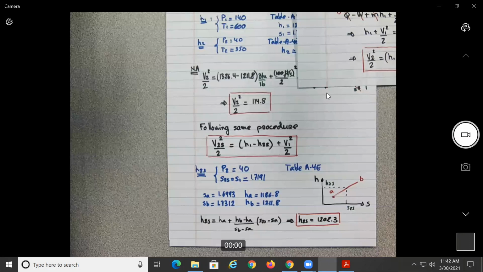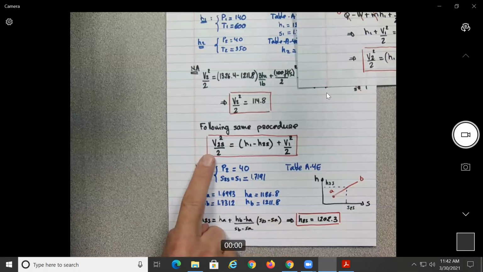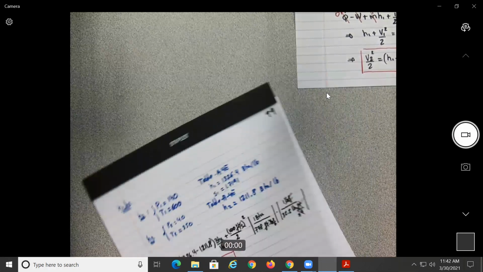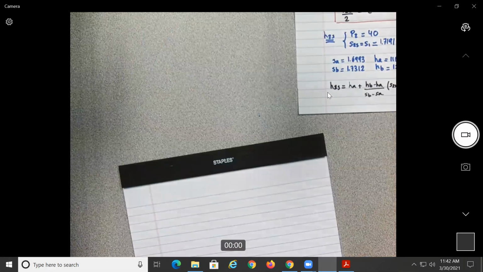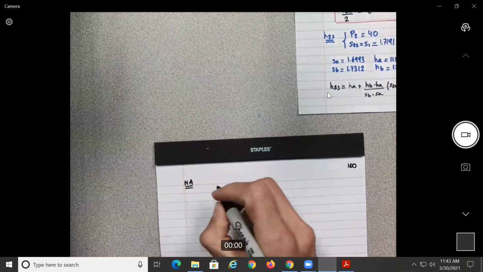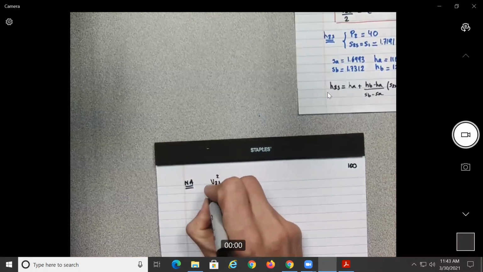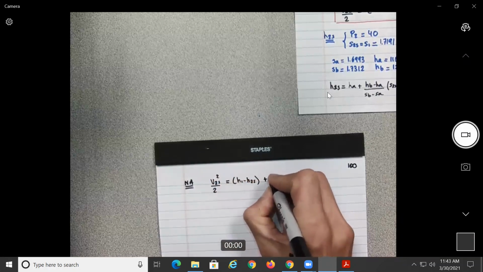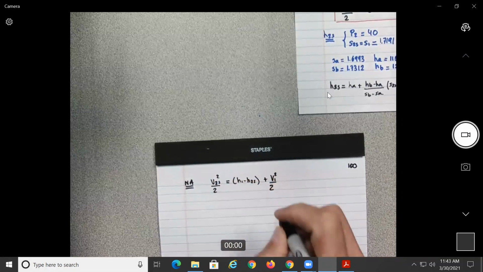Okay, so now we can go and substitute into this equation to find what would be the ideal, if you want, isentropic velocity. So we substitute into V2S squared divided by 2 should be equal to H1 minus H2S plus V1 squared over 2.